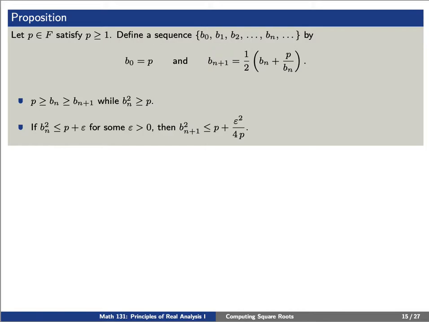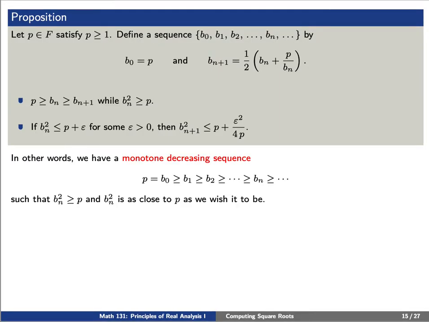Finally, b sub n squared is greater than or equal to p. Similar to the previous proposition, if b sub n squared is less than or equal to p plus epsilon for some epsilon, then b sub n plus 1 squared is less than or equal to p plus epsilon squared over 4p. The idea here is that if epsilon is small, then epsilon squared over 4p is even smaller.